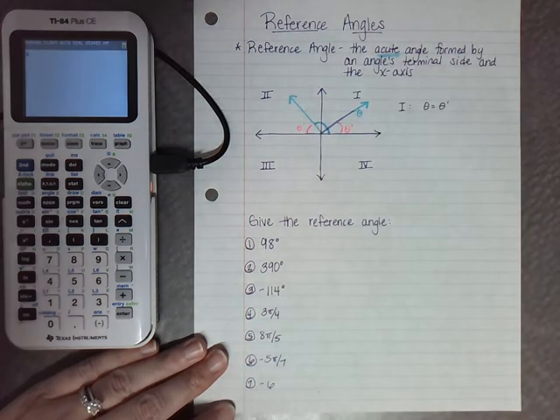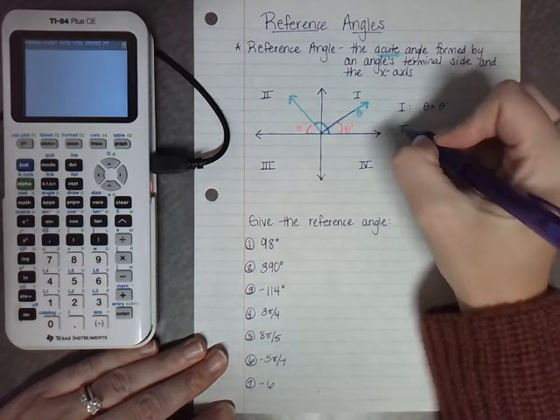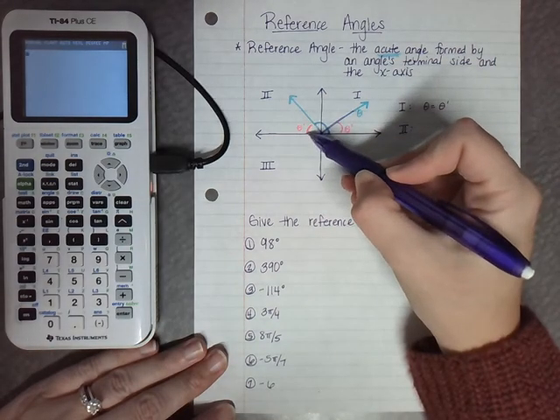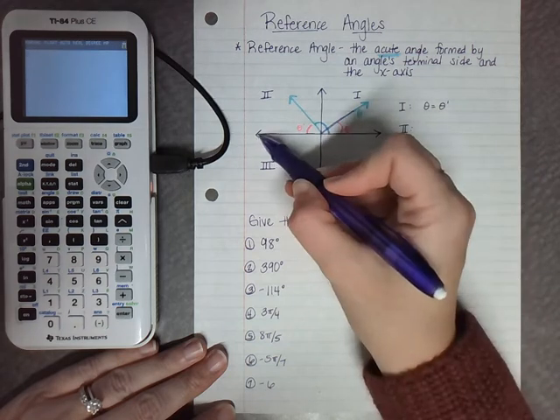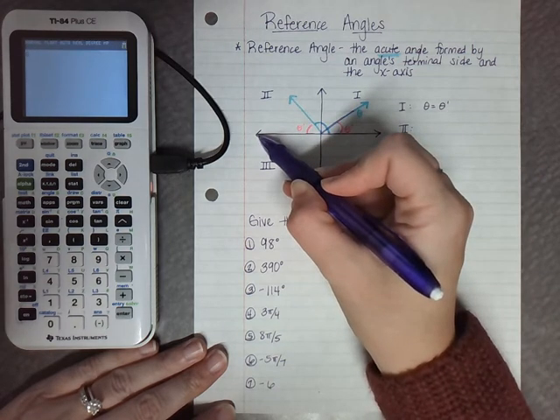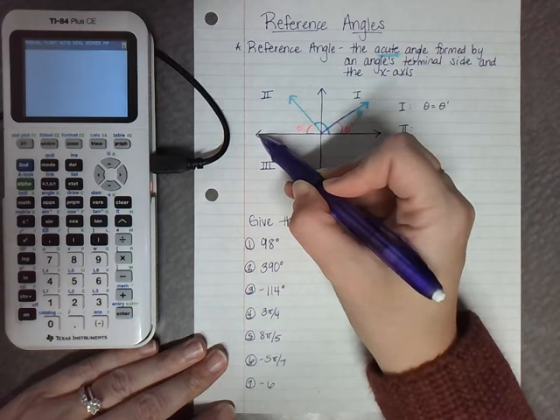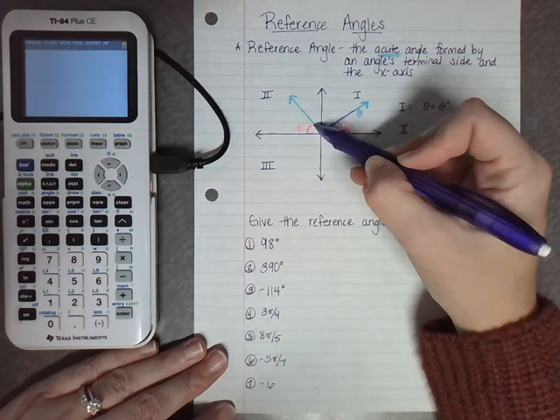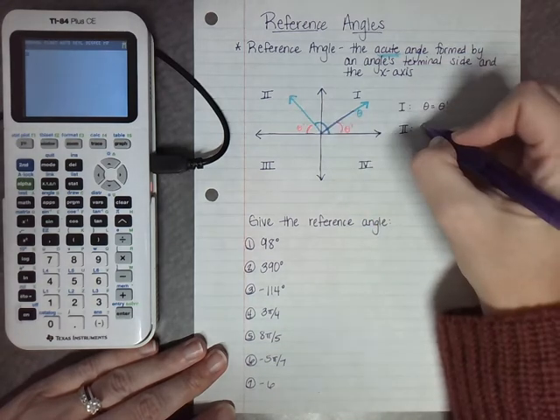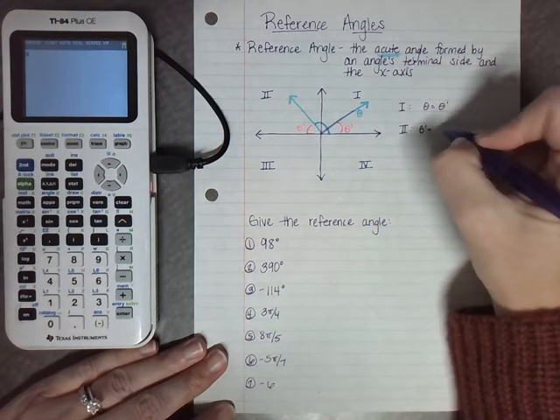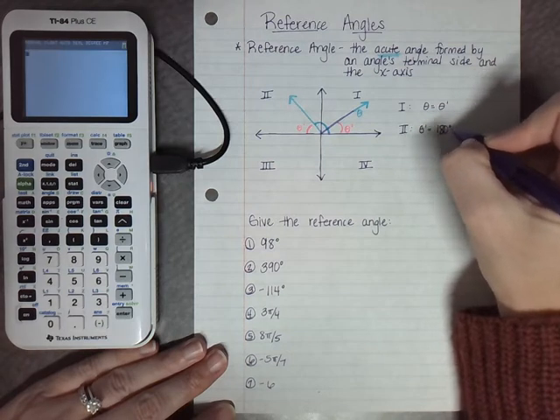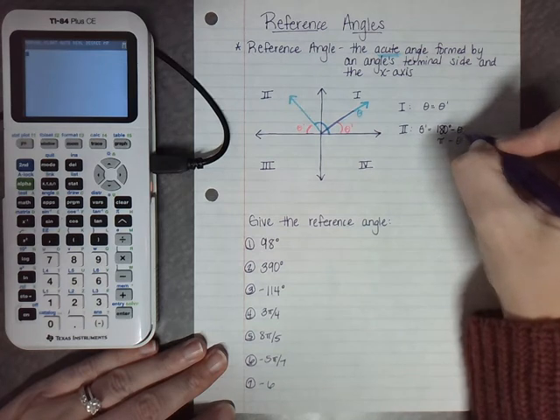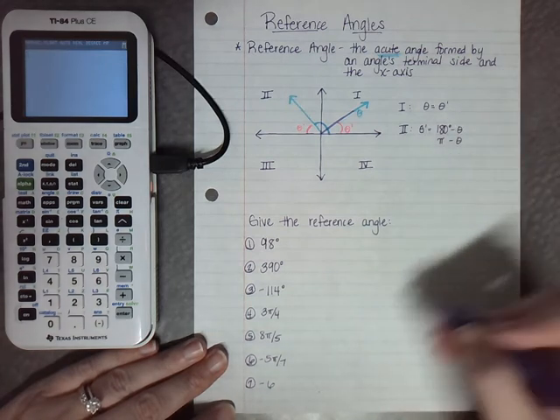Okay, so the way that we're going to find that, if we're in quadrant 2, and we want to find this small angle here, we're going to take 180 degrees, or pi, whichever one you're dealing with, radians or degrees, and we're going to subtract the angle that we're given. That'll give us this difference right here. So it's either going to be theta prime is 180 degrees minus theta, or pi minus theta will give you your reference angle.